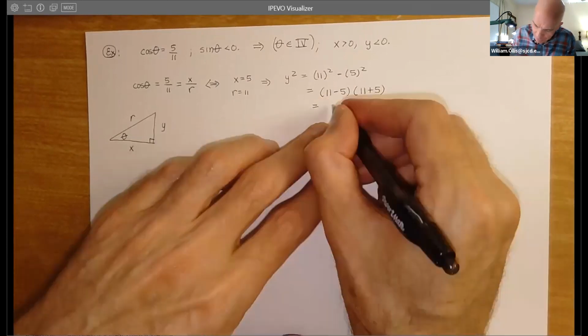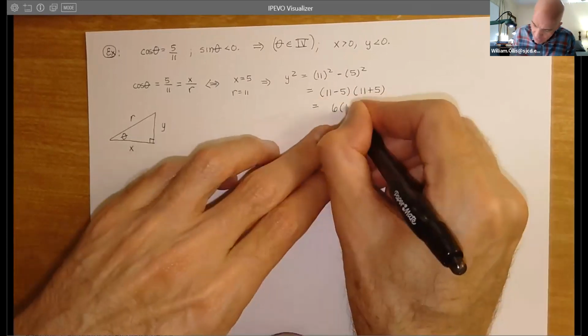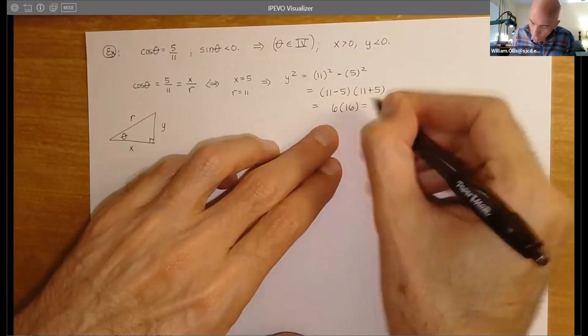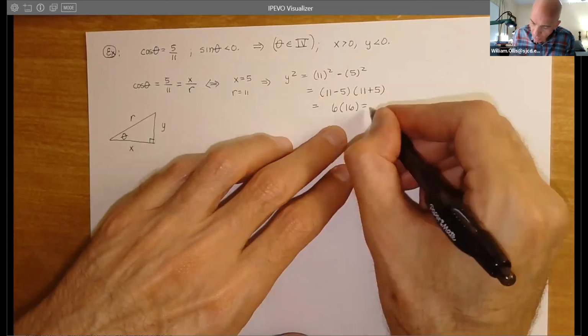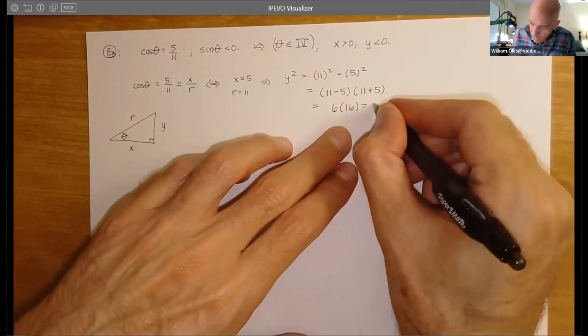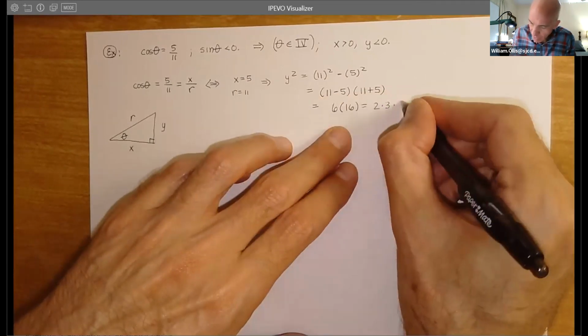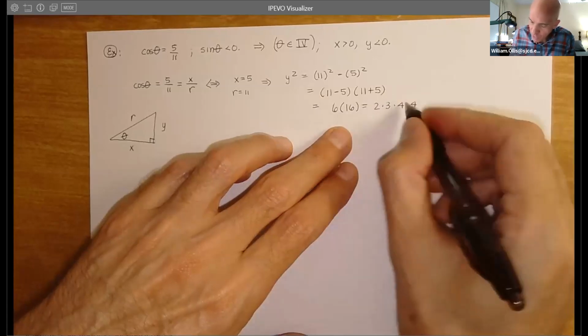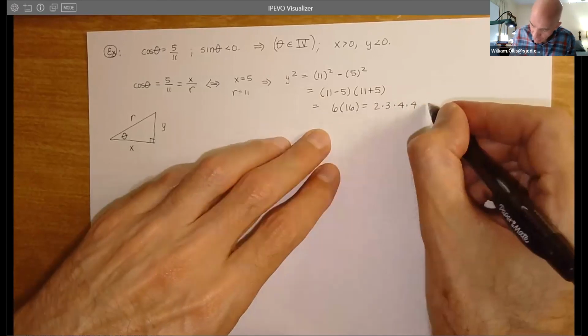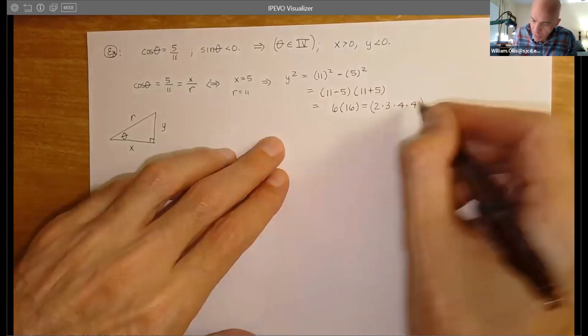A 6. And this gives us a 16. So we've got 2 times 3 and a 4 times 4. So that's good. That's just going to be a perfect square.